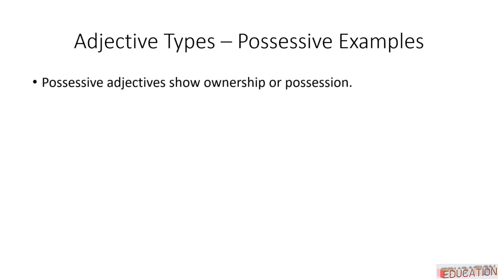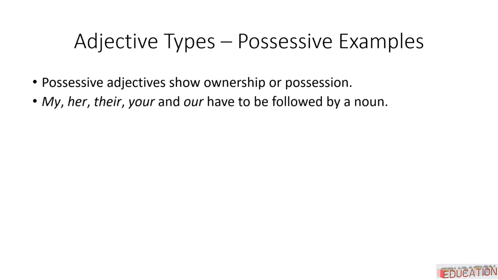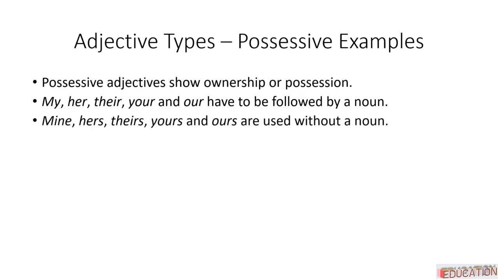Possessive adjectives show ownership or possession. So there are lots of them. So my, her, their, your, and our have to be followed by a noun. And the equivalent versions of those without a noun are mine, hers, theirs, yours, and ours.